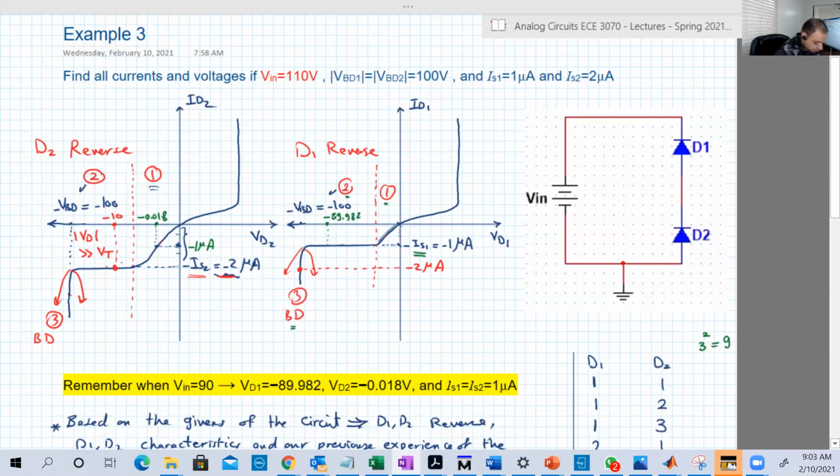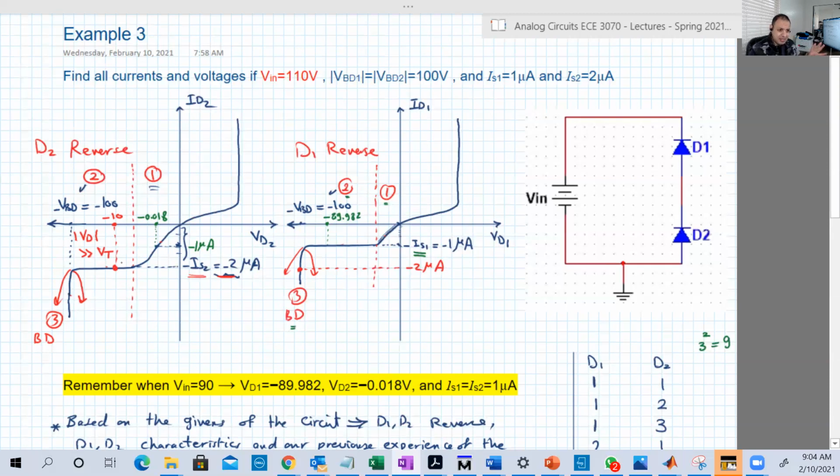Just a sketch. So minus 10 is much larger than VT. Remember, VT is just 0.018. So 10 divided by 0.018 is very big. If it were just 0.01, it would be 10 to the power of 3, 1000.